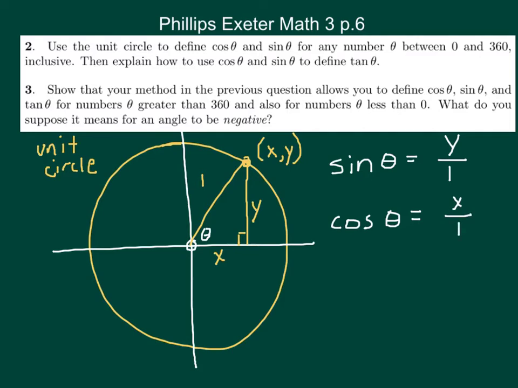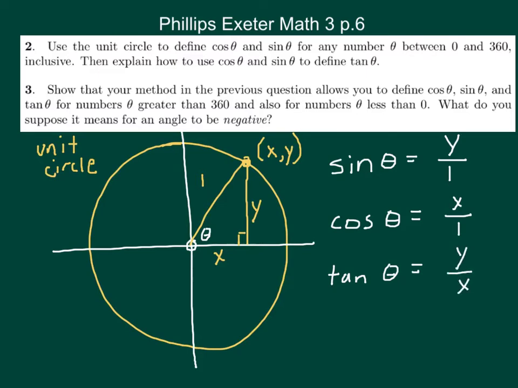And then it says, then explain how to use cosine and sine to define tangent. I might do this backwards. If I were doing tangent of theta, what would I do? What would tangent of theta be in terms of x and y's? Y over x.